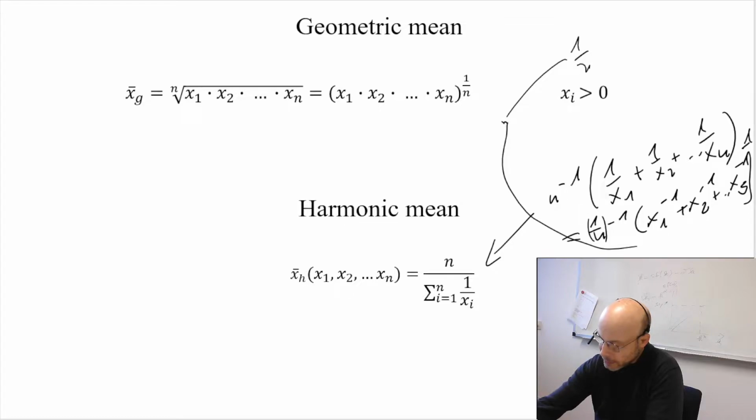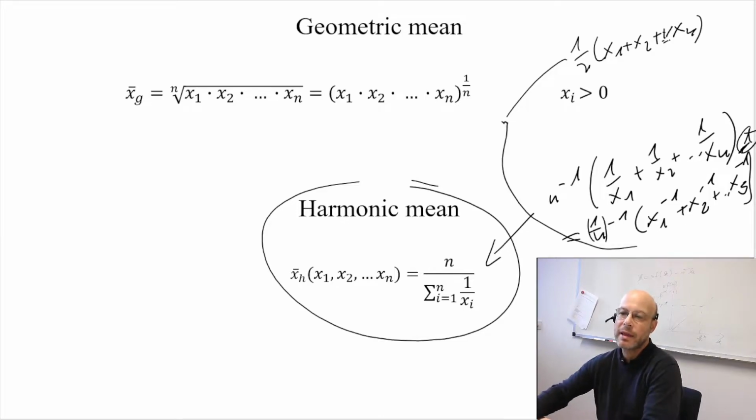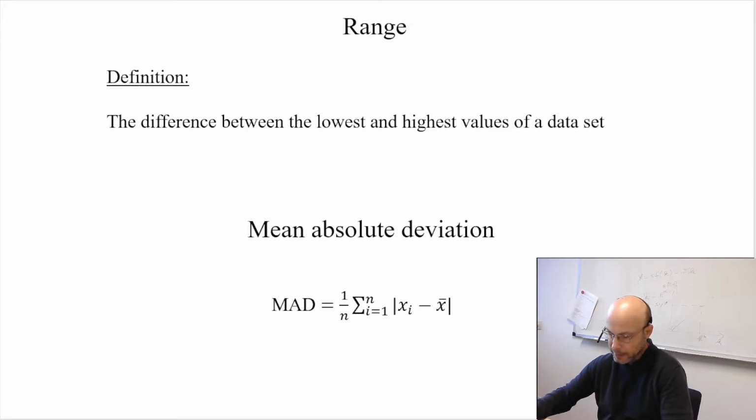So 1 over n times x1 plus x2 plus up to xn. So in this case, in the harmonic mean, we just introduce this exponent of minus 1 and everything else is the same. And where we have to use the different means, this we will do also in an exercise.